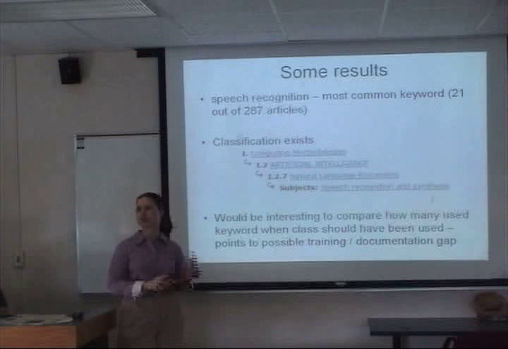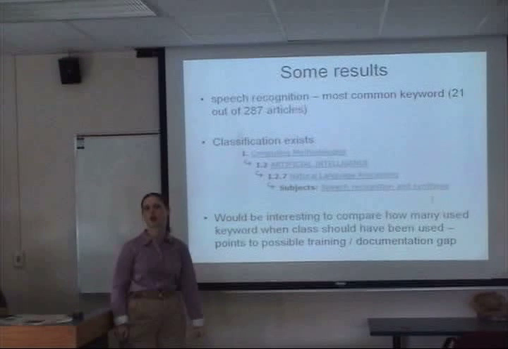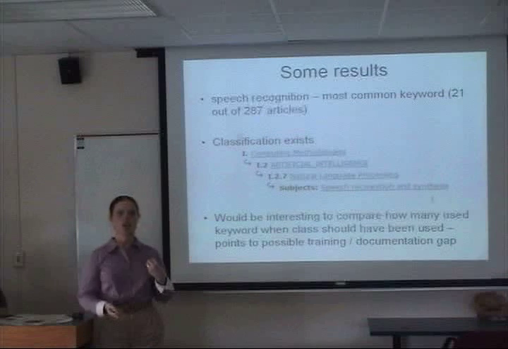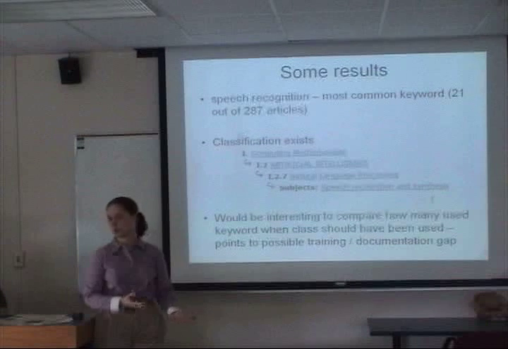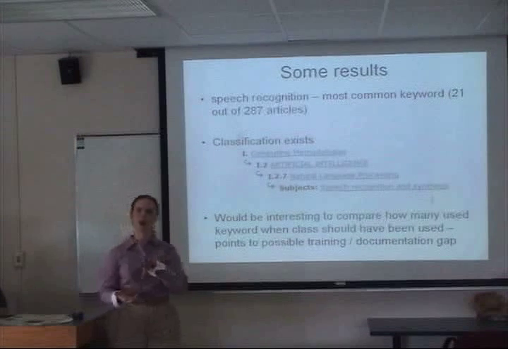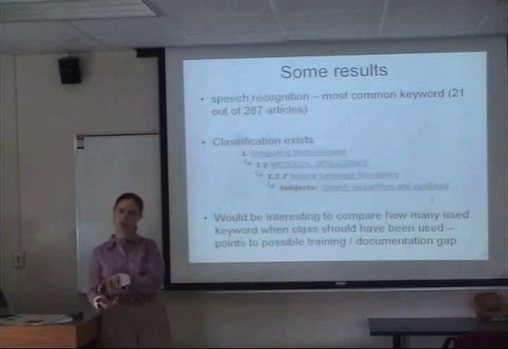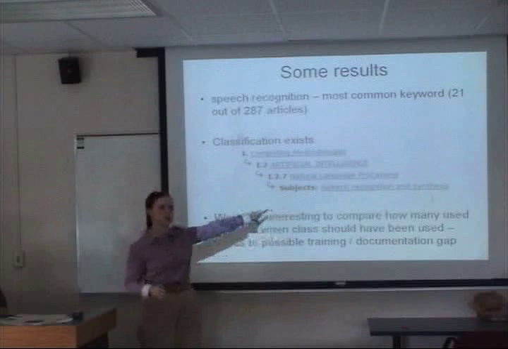So I thought it was interesting that the most common one was a classification on its own. So it makes me wonder if there's a gap between authors not understanding what they're supposed to be doing, or if there's a conceptual difference between their speech recognition and the speech recognition that is meant by this particular phrase.